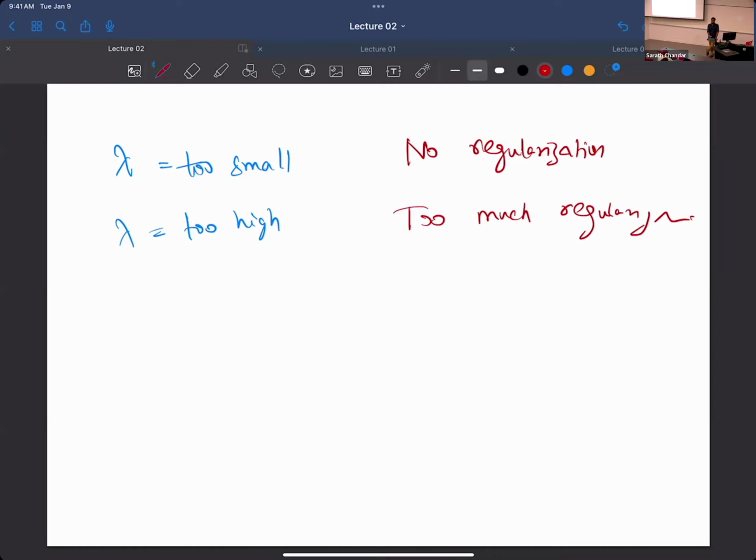So we need to pick the right lambda. We're going to call this lambda the hyperparameter of the model.